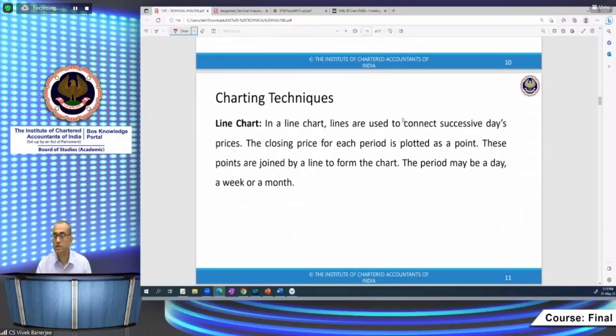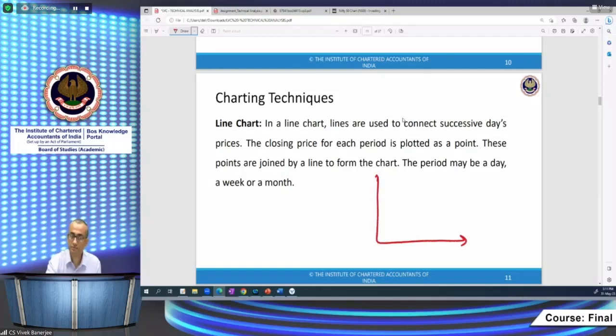Now come to various charting techniques. Line chart. In a line chart, only the closing prices are shown. Therefore, the line chart is not very popular among the technical analysts. I will give you a brief example of how the line chart looks.